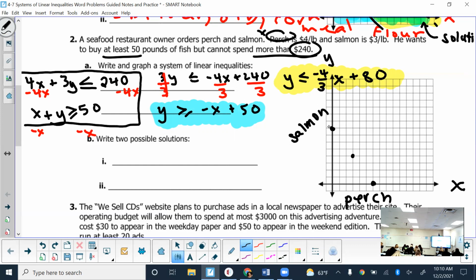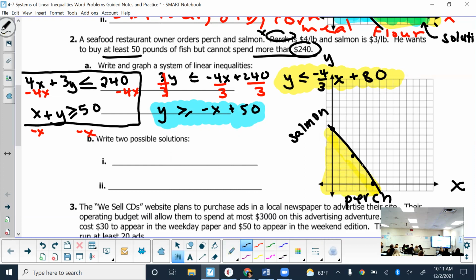Good. And shaded above or below for this inequality? If it's less than, it should be shaded below. So below this line will be shaded yellow. Questions there?